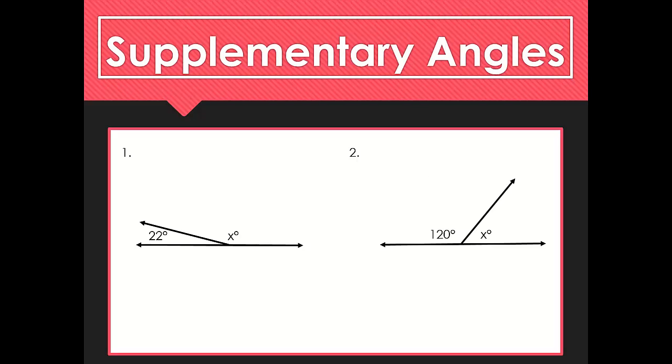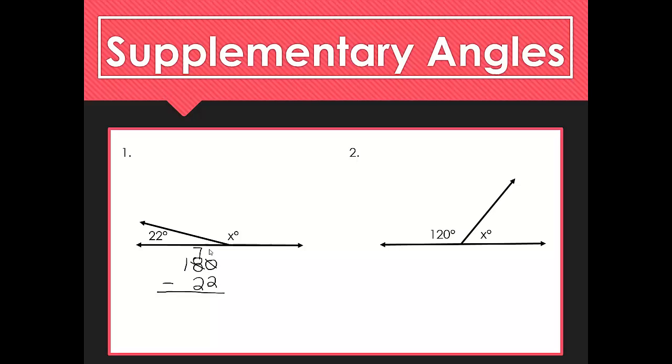Now we're going to look at supplementary angles. These are angles that when you add them up, they equal 180 degrees. So on number 1, if we know that one angle is 22 degrees, we can subtract that from 180 to find x. So we have 180 minus 22. We cannot subtract 2 from 0, so we will borrow from the 8, and it becomes a 7.